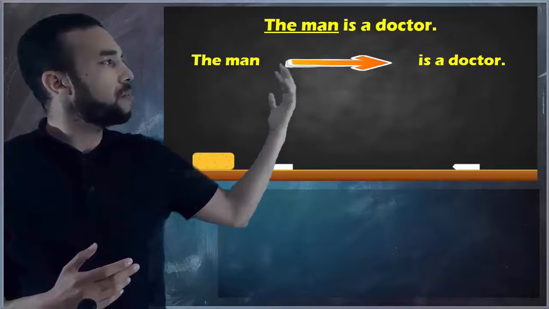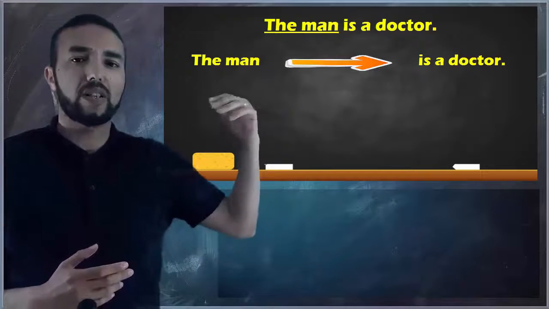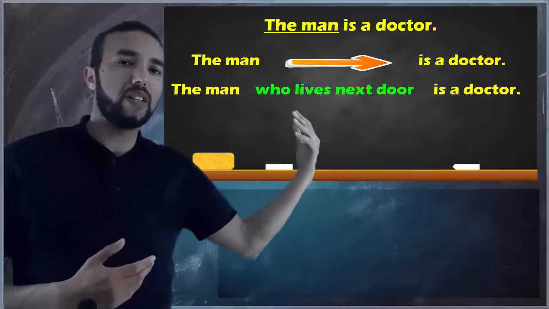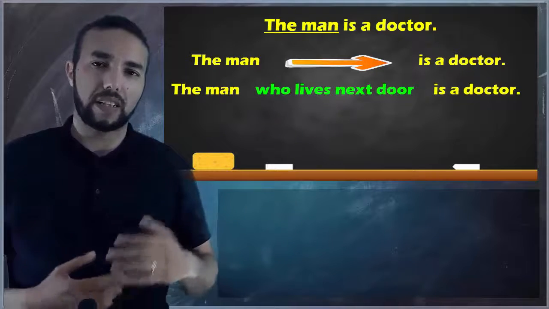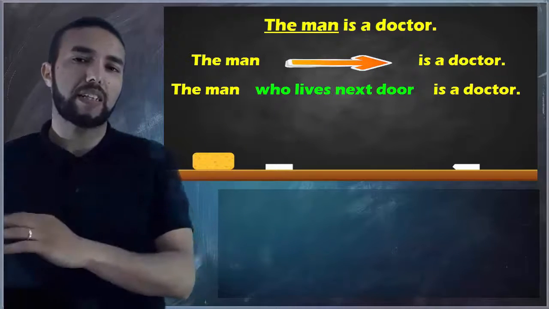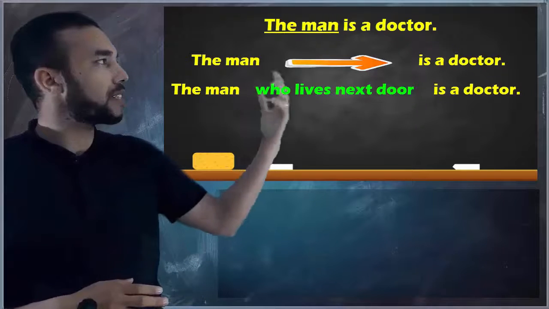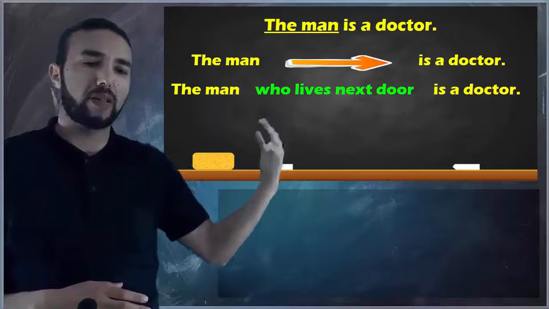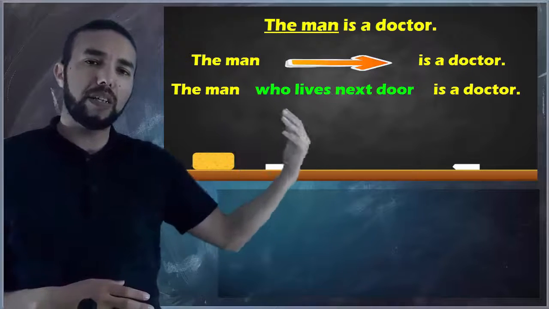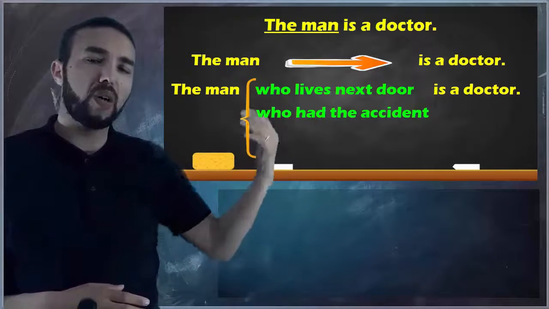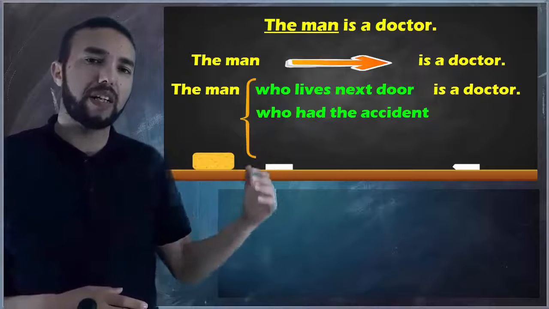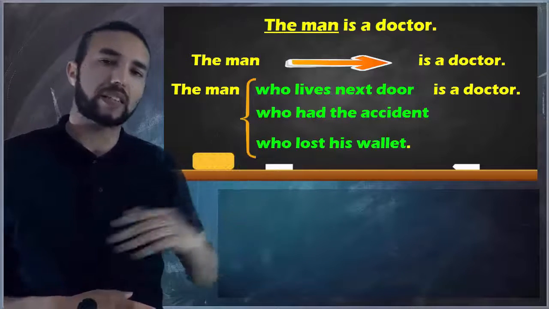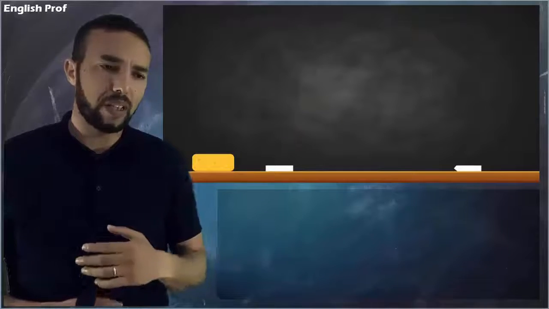So this is the second case where we start with a noun: the man who lives next door, the man who had the accident, the man who lost his wallet is a doctor.